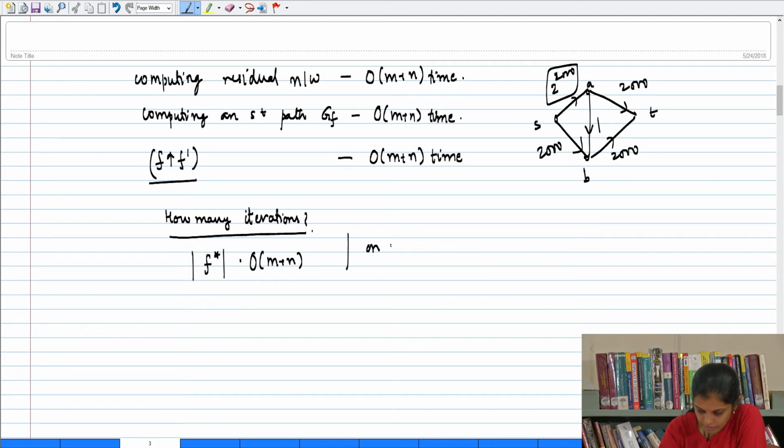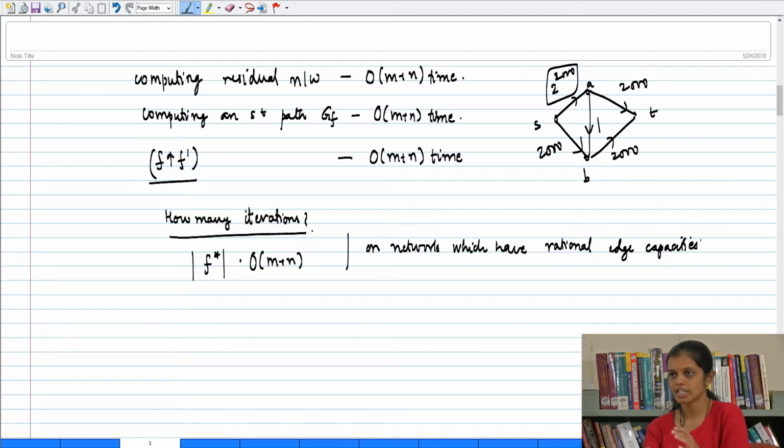networks which have rational edge capacities, we are actually treating even a special case which has integral edge capacities, and we have been saying that all the flows that we compute by the Ford-Fulkerson method are going to be integral flows.